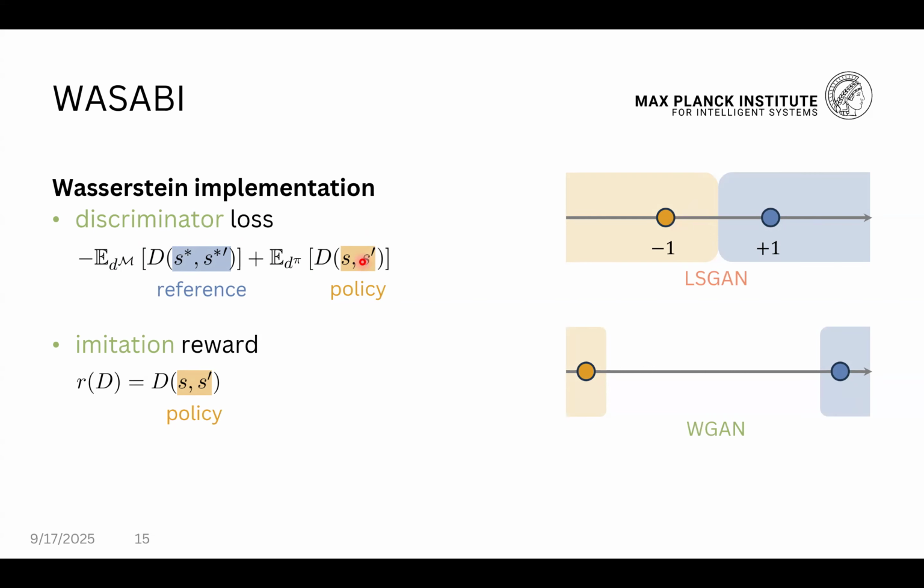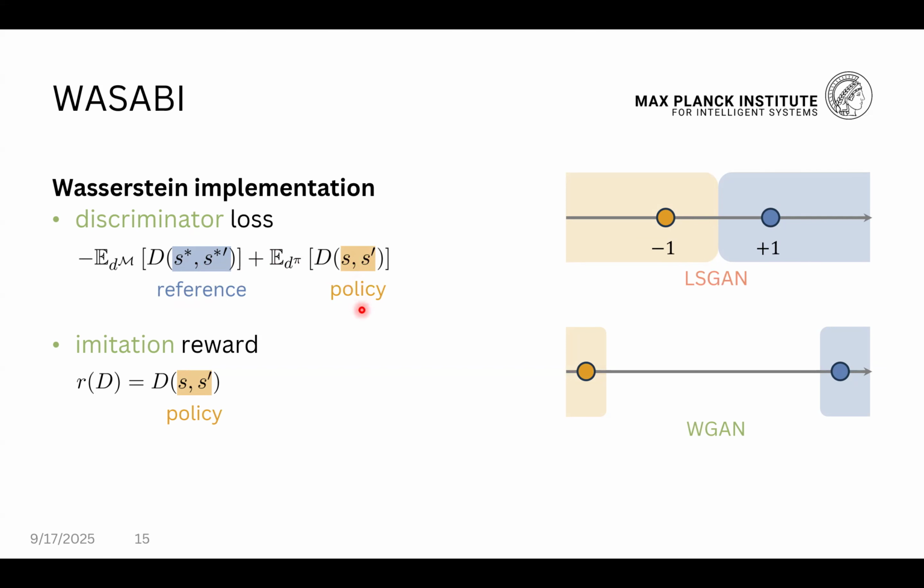You just push things far away from each other. This is the loss we use to train the discriminator. To interpret it, D is the discriminator, and we are just saying please push the prediction of the reference away from the prediction of the policy.